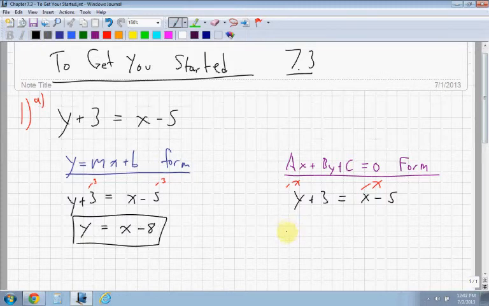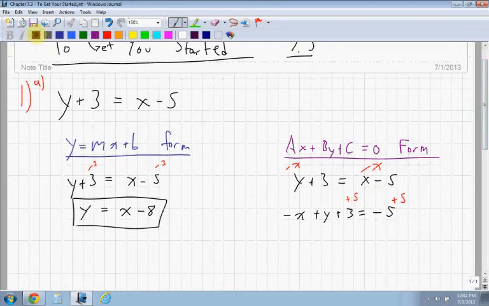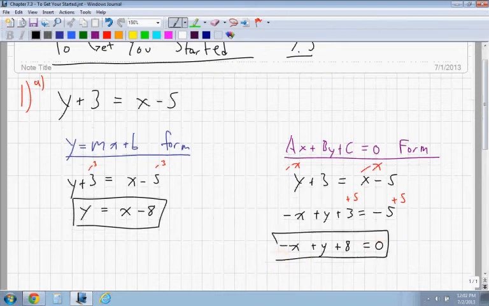So I'm left with minus x plus y plus 3 is equal to negative 5, and I'm left with a negative 5 on the other side. Next thing I want to do is get rid of the minus 5 because I want 0, so I add it, plus 5, and I add it to the other side as well, plus 5. So that leaves me with negative x plus y plus 8 equals 0, and I'm done.